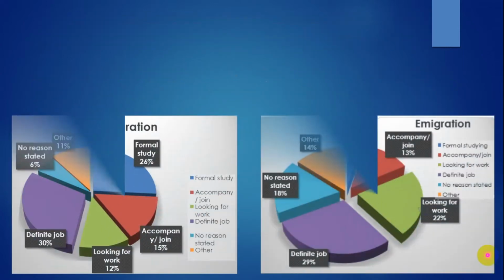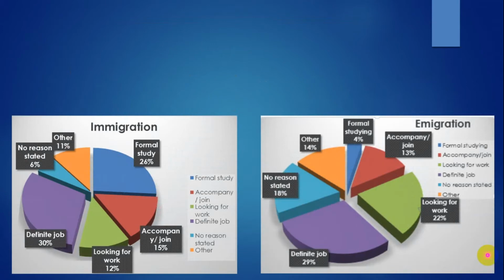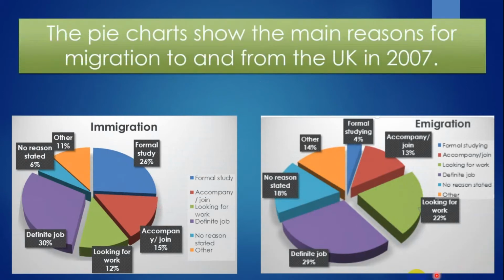Now you can identify these two sentences by looking at these pie charts. Here you can see that the biggest segments belong to the definite job, and they indicated 30% in the immigration pie chart and 29% in the emigration pie chart.